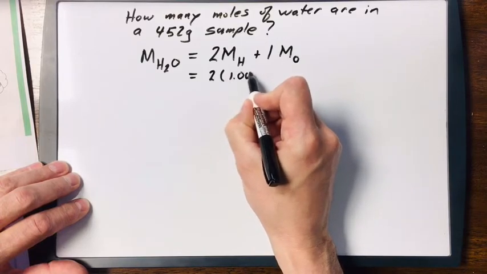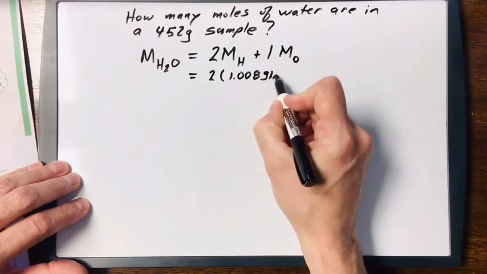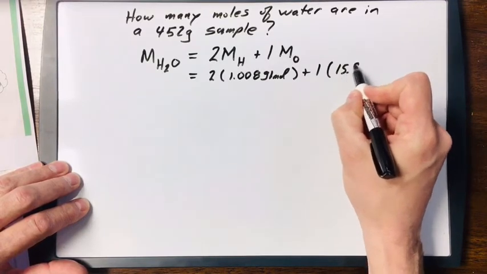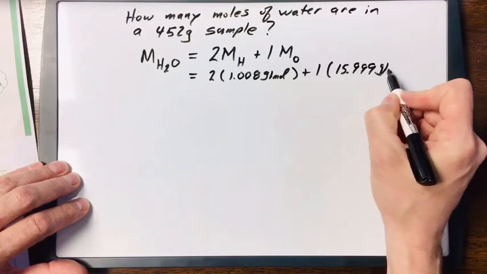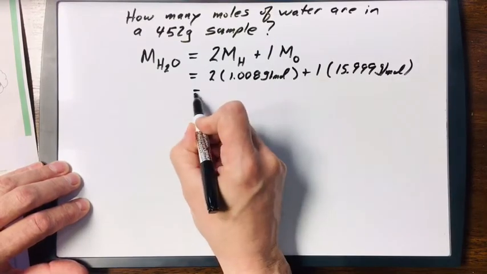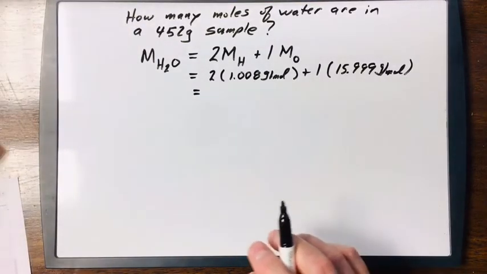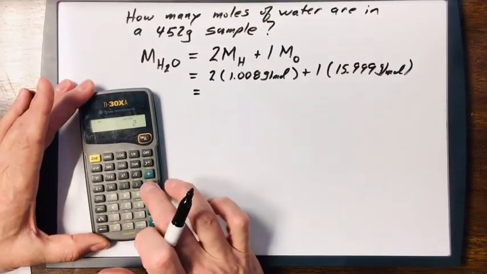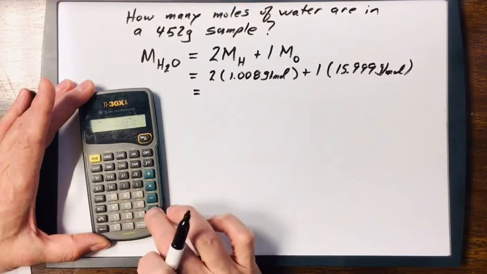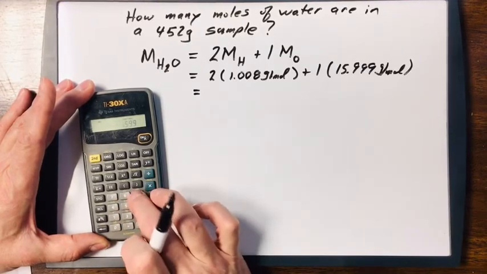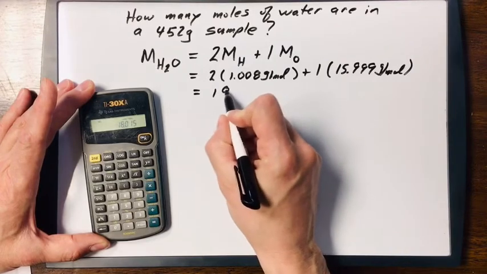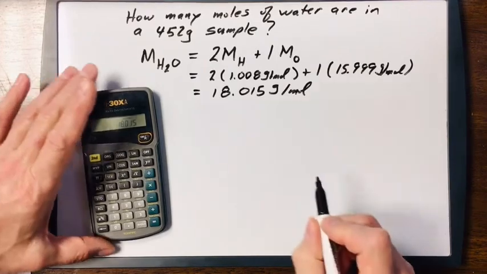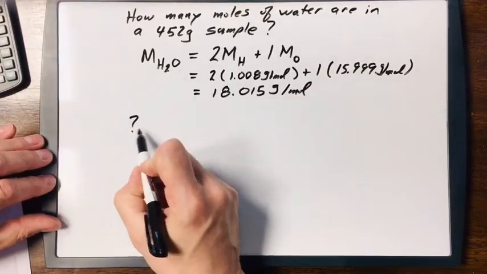So it's 2 times 1.008 grams per mole for the hydrogen, plus 1 times 15.999 grams per mole, which gives us 18.015 grams per mole.